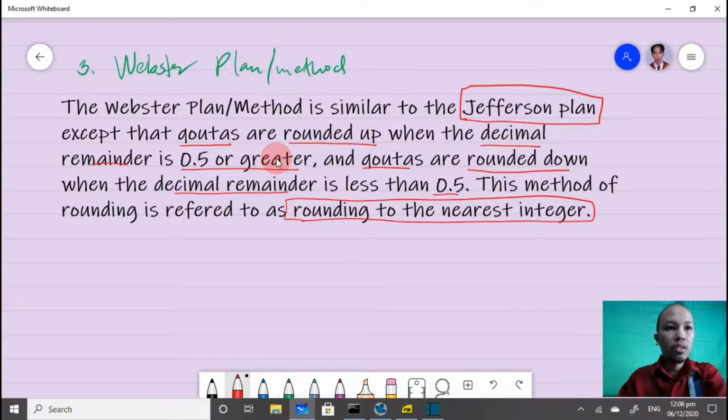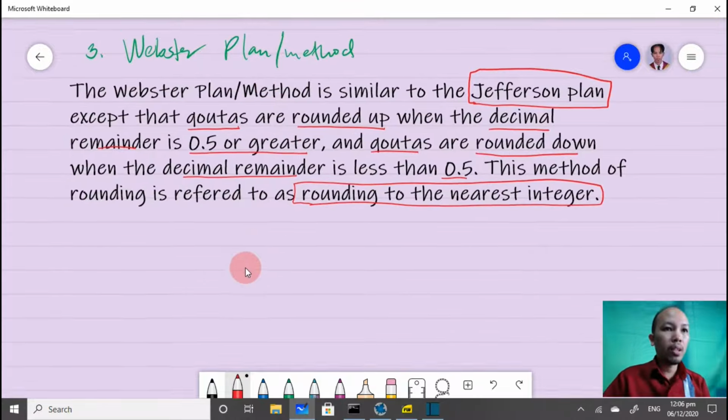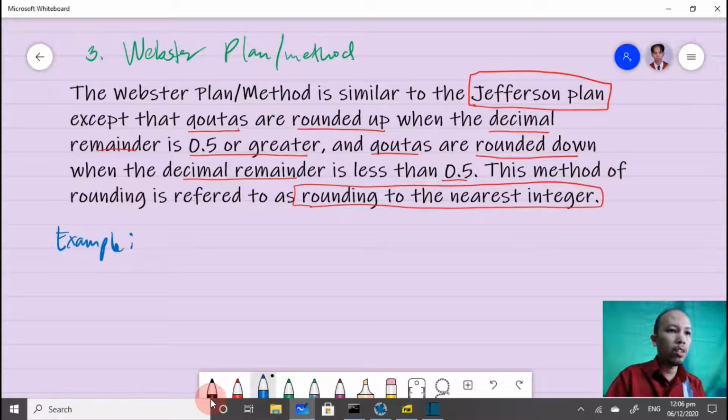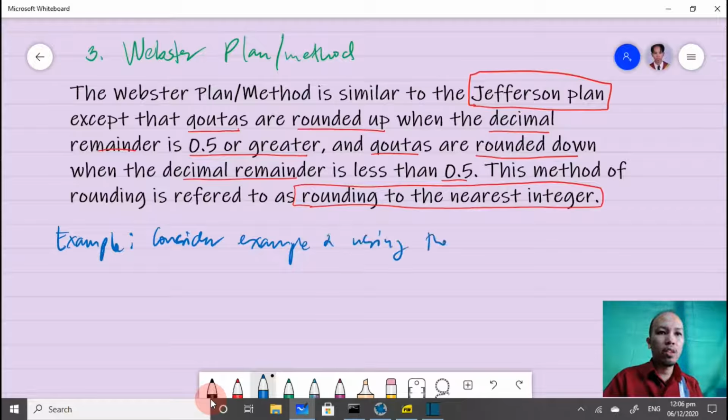So here let's have an example. Consider example number 2 using the Webster plan or method.